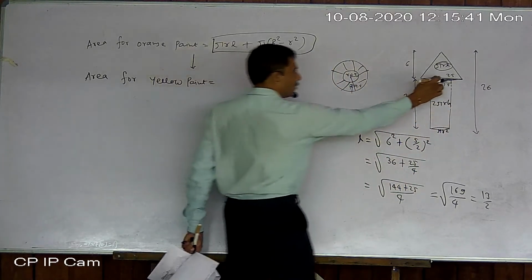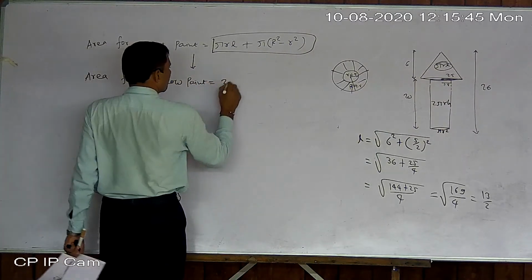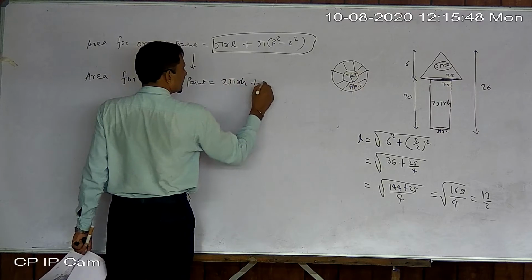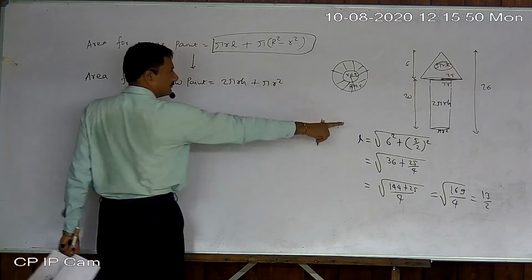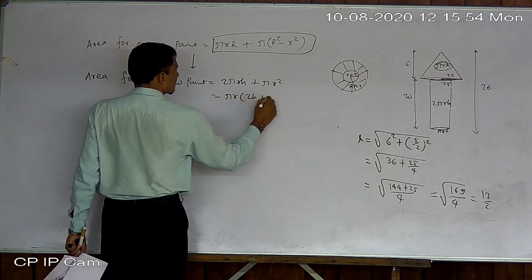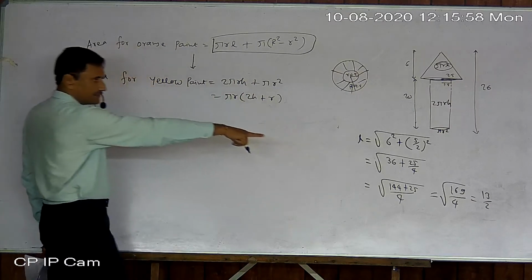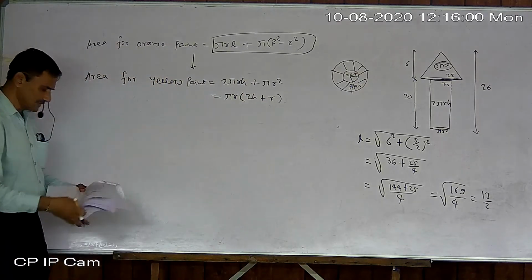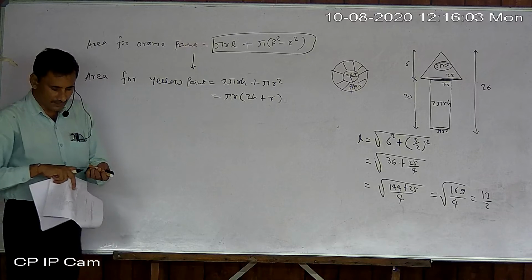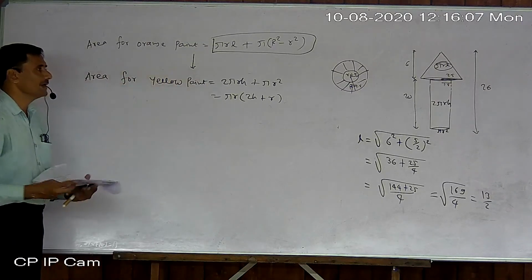This part is already overlapped, so that is not being seen there. So here it will be 2 pi r s plus pi r square, because one bottom is there. Take pi r common, so 2s plus r, everything is ready there. In this one L was not ready, we found it first of all. Now simplify, and you will get both answers. You understand what is the matter?